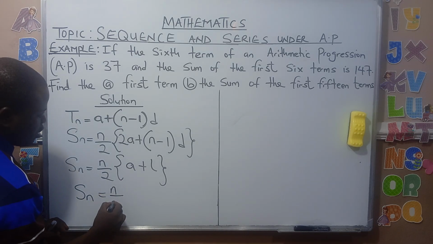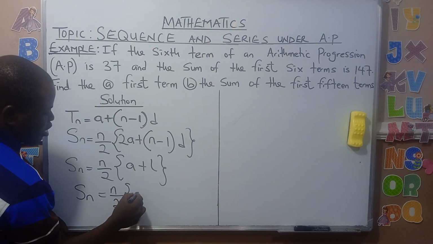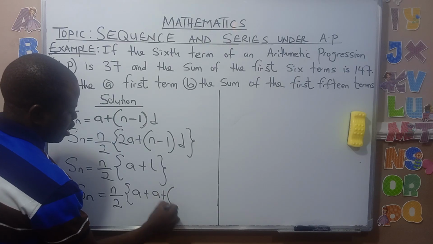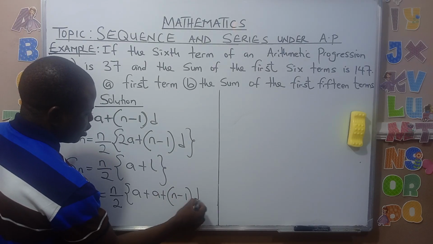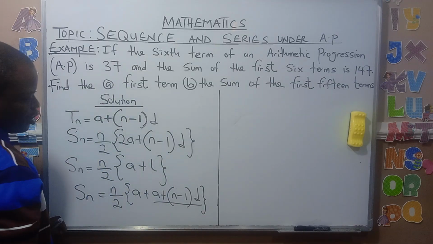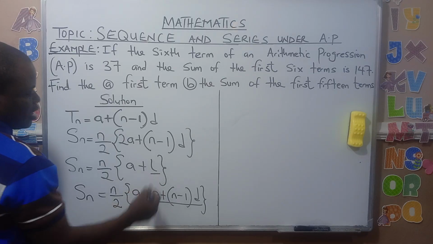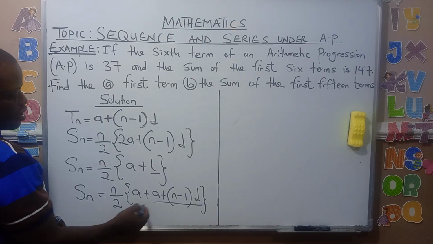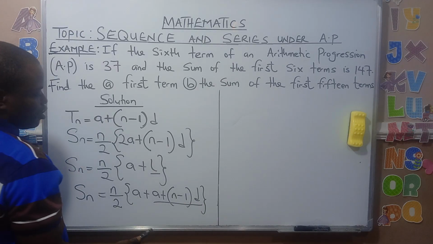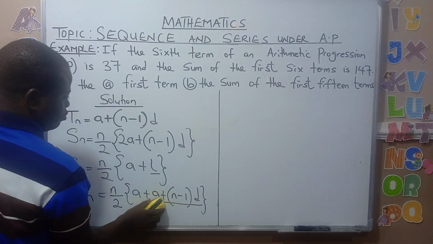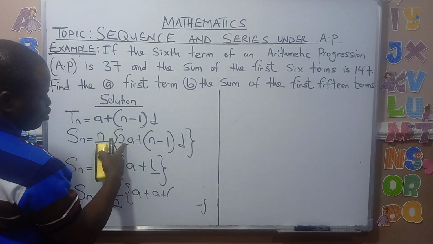S subscript n equals n over 2, curly bracket a plus another a plus n minus 1 close the bracket d. You can see that a plus n minus 1 d stands for the last term, which can also be called the n term. Now instead of writing a plus n minus 1 d, just replace it with the last term. L stands for the last term. And a plus a will give you 2a.